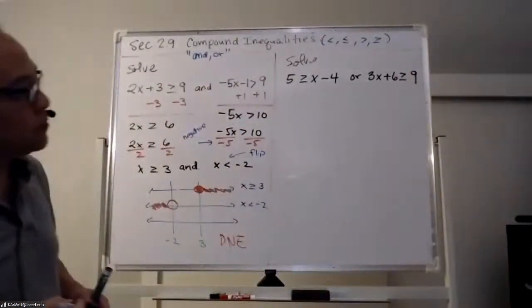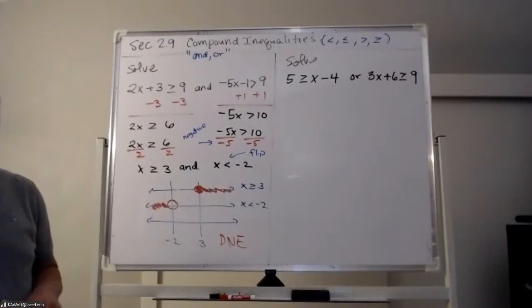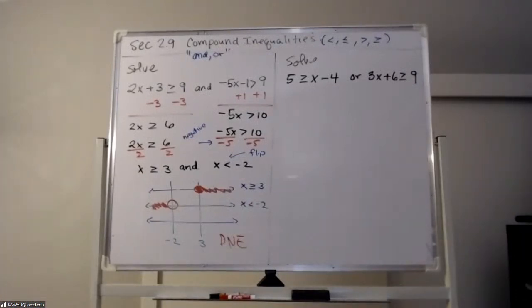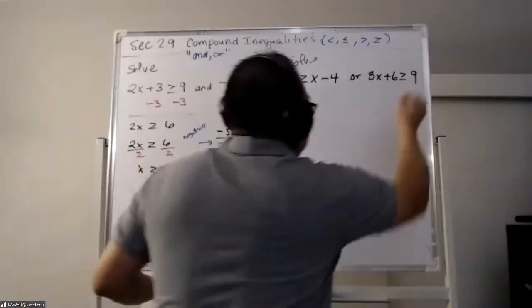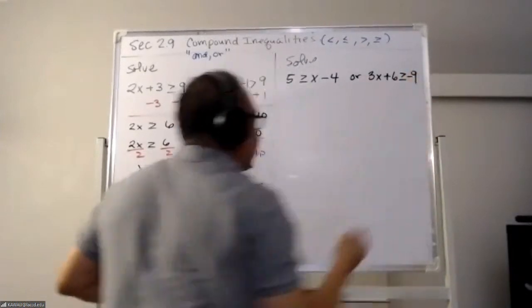Okay, let's try doing that one. Oh, actually, you know what? Let me make this a -9, not a positive 9. That's better. Okay.